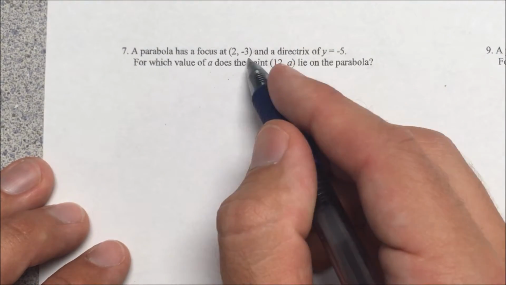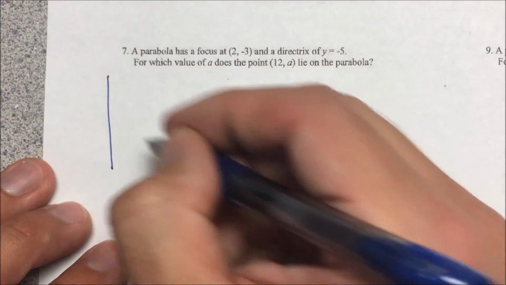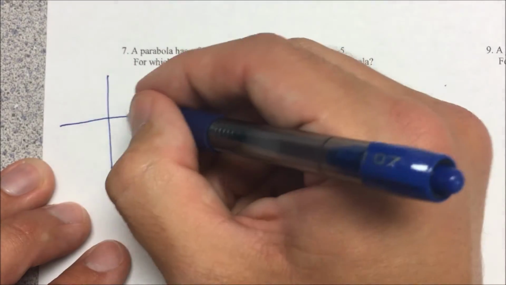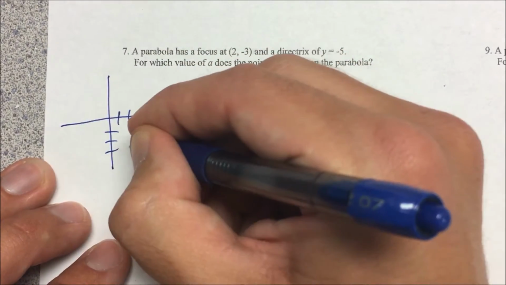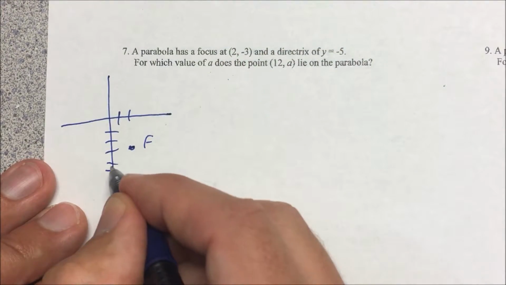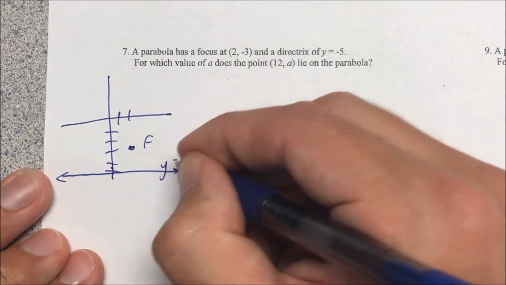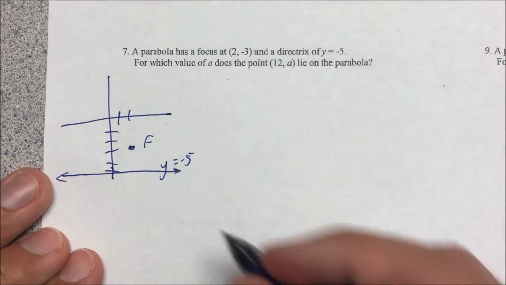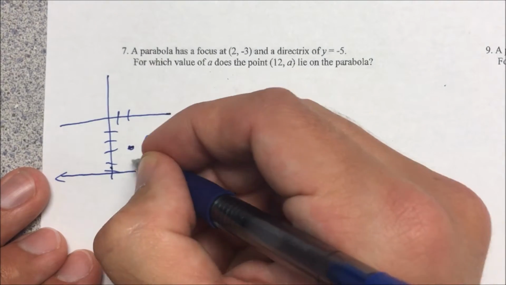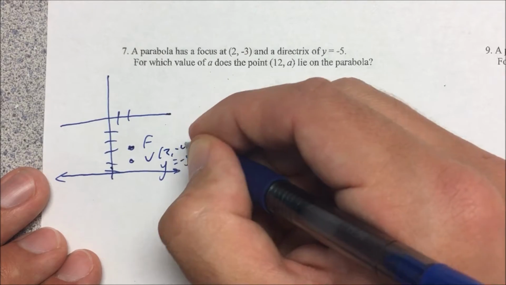So we have a focus at (2, -3), and a directrix of y equals -5. So let's get us an equation. So we have (2, -3) is our focus, and a directrix of y equals -5 down here. I know my vertex is going to be halfway in between those, so it's going to be right there. It's going to be at, what, (2, -4)?